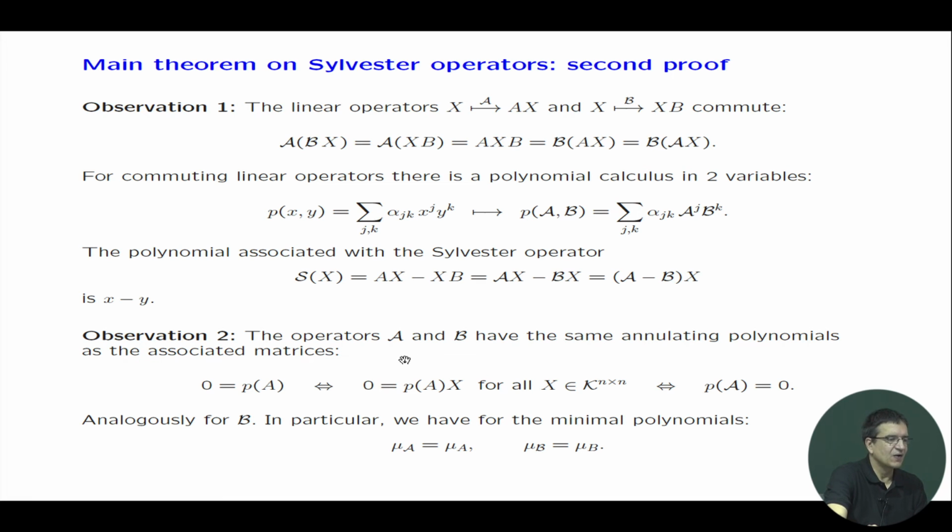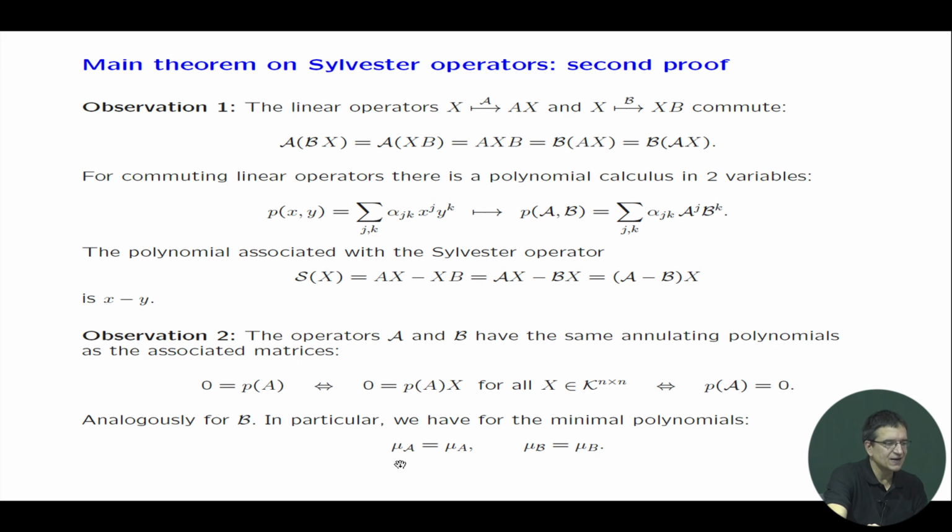First, we can ask for which polynomial p of script A is equal to 0. When is this the case? This is the case if and only if p of the original matrix times any X is 0, and this means that p of A is 0.